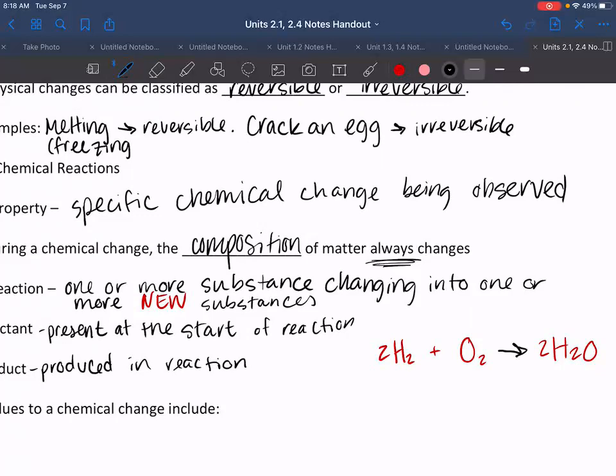Which side is the reactant side? The left side. What you start with, what's at the beginning, since it reads left to right. These are going to be our reactants. This is our product. Notice how we start with two things and make one thing completely different. So yes, this is definitely a chemical reaction. We have new substances that formed.